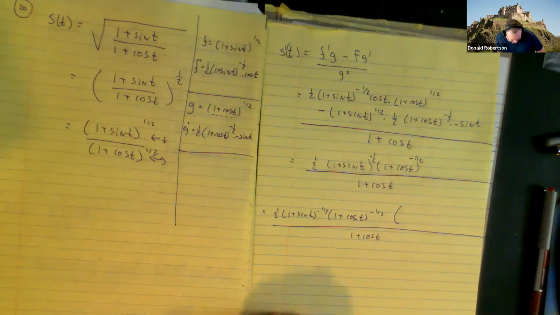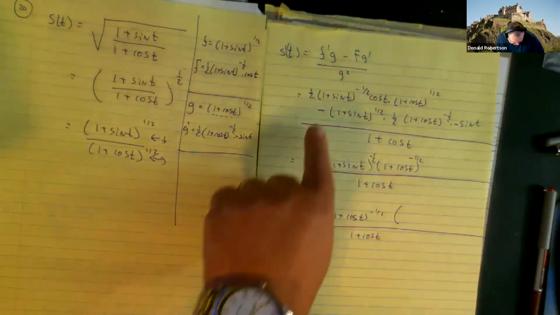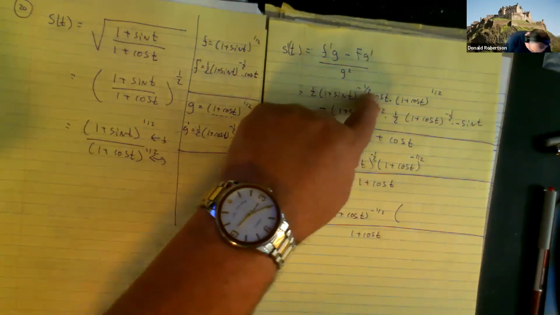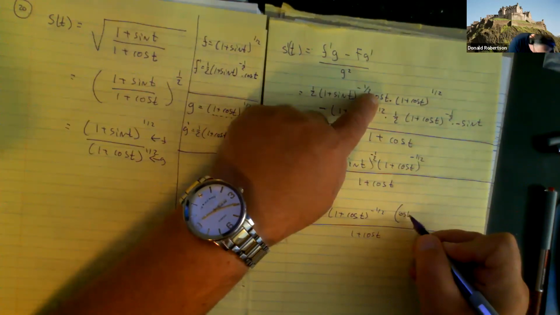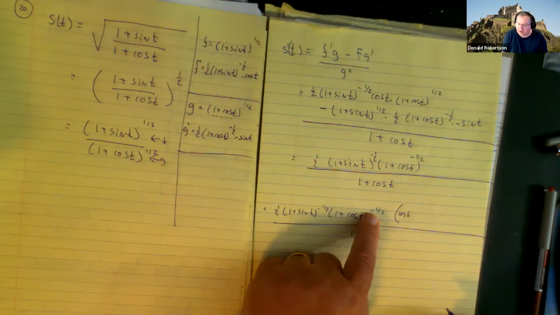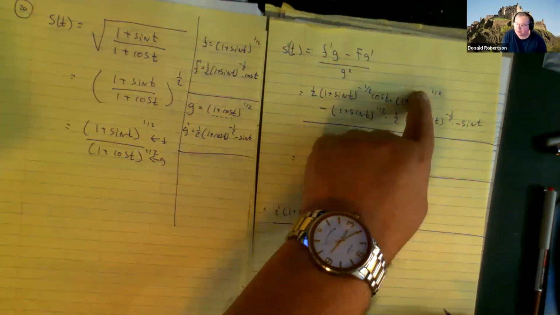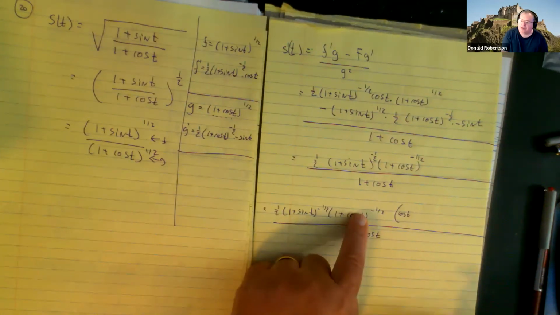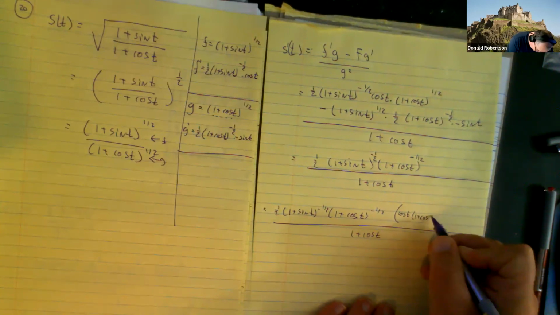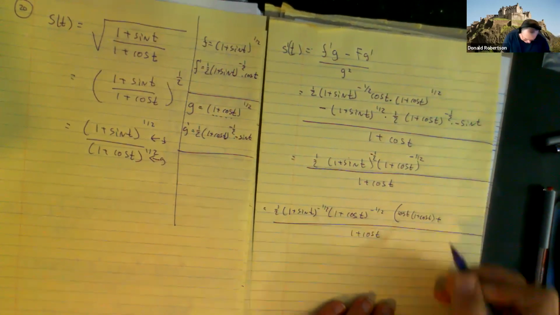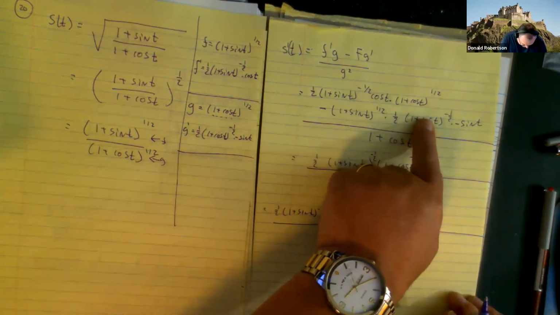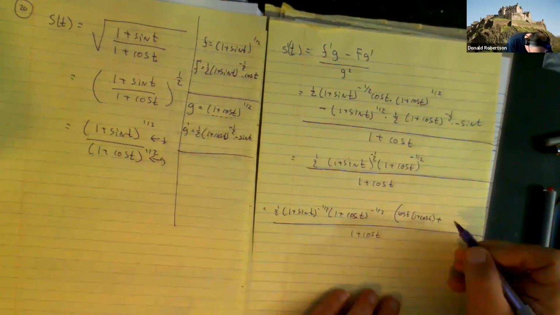Okay, so half used up. Cosine t left over. There's a half power, take away a negative a half power. A half power, take away negative a half, gives you a plus 1, so you get a 1 plus cosine t. Plus, used up. Remember, they cancel, so I've got sine t left over.